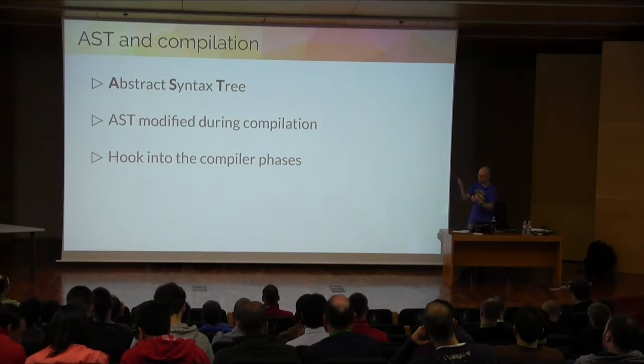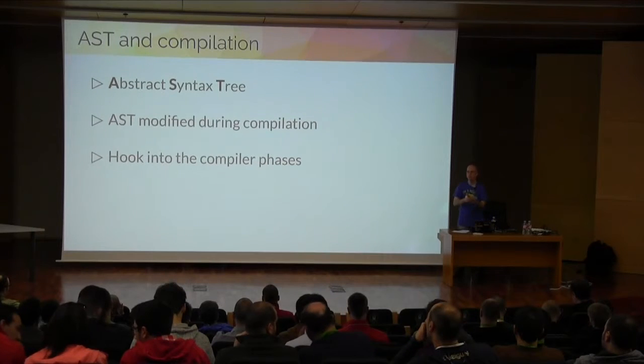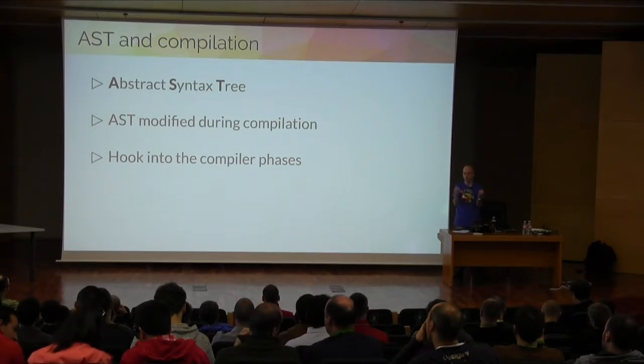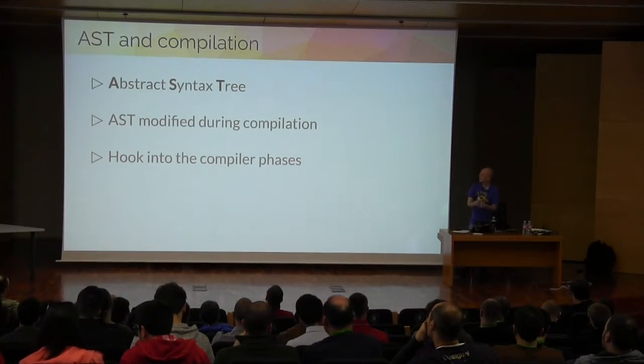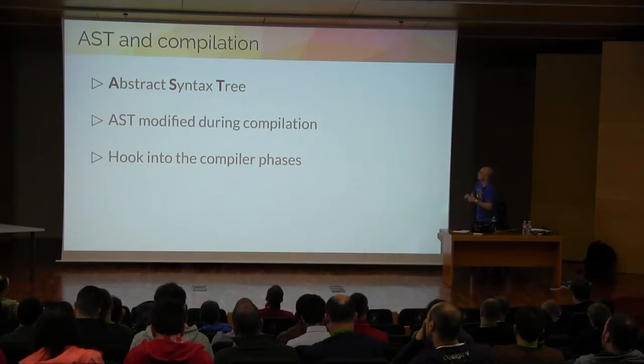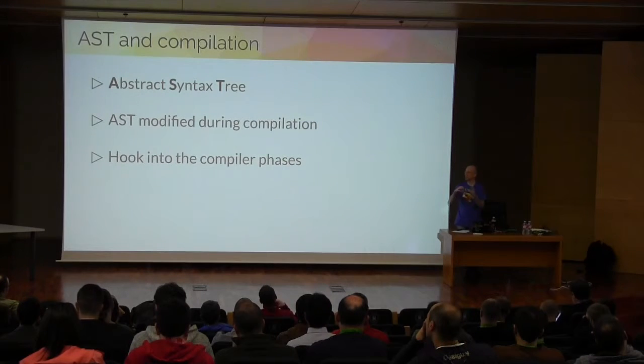So with this kind of metaprogramming, we can hook into these phases to modify this tree. So finally, we are going to modify the bytecode. And the really important thing is that it's bytecode. I mean, it's not runtime metaprogramming. We are generating bytecode, and it is cool.